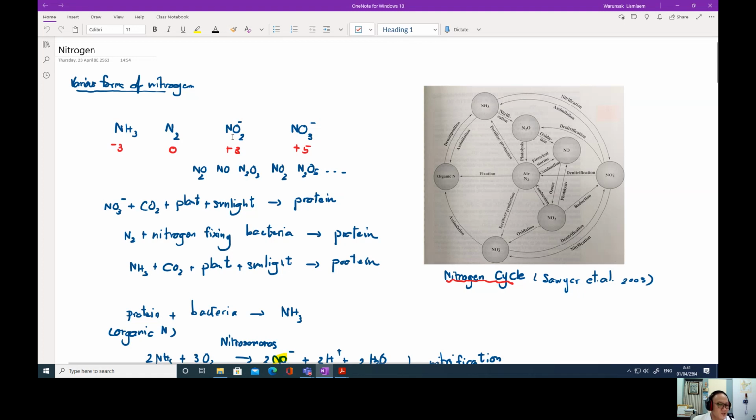And if 2 moles of oxygen are associated with the nitrogen, it becomes nitrite. If you really take a look at the oxidation number, you will find it's +3. Each oxygen is -2, there are 2 moles of oxygen, and the overall charge is minus, so the oxidation number of nitrogen is +3.